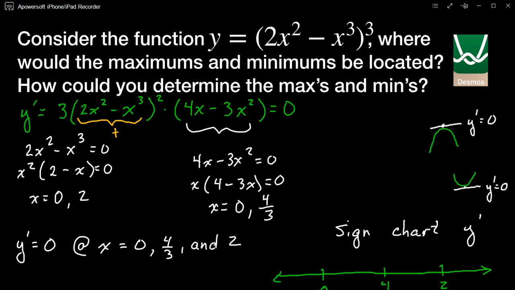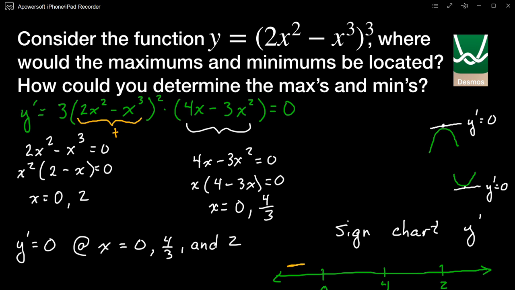Now we also have to put negative numbers in here for the x value. So pick a negative number in this section, such as -1. 4 times -1 is -4, and -1 squared is 1, so you end up with -4 minus 3, which is -7. That's a negative value. A positive times a negative gives you a negative value right here.